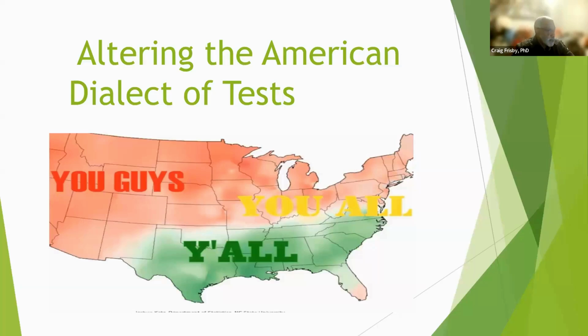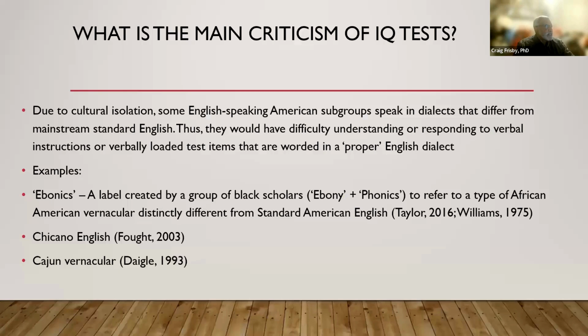Okay, here's another alternative assessment method, and it's basically accusing tests of being biased because different American subgroups will often display different dialects in their language. So let me talk about this for a bit.